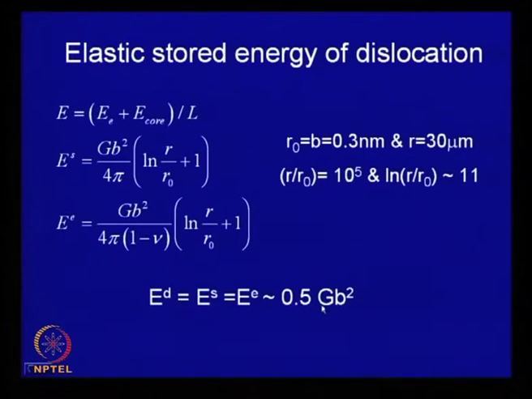G is the shear modulus, b is the Burgers vector. As a thumb rule, b represents the strength of a dislocation and b square roughly expresses the energy, because the shear modulus is a constant for the crystal.